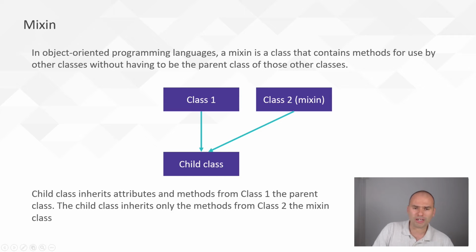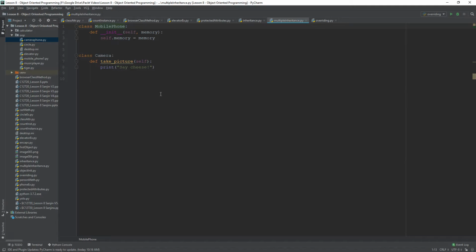So let's have a look at a very, very simple example of multiple inheritance where we have class mobile phone, class camera, and we'll bring the features of those two together into class camera phone. In this video, which is the last of our lesson, we are going to just have a very quick look at multiple inheritance.